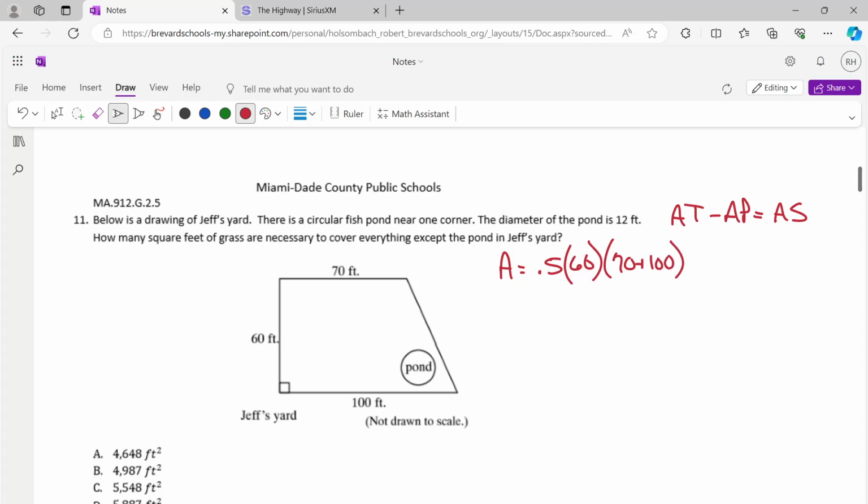So 0.5 times 60 times 170. That's 5,100.